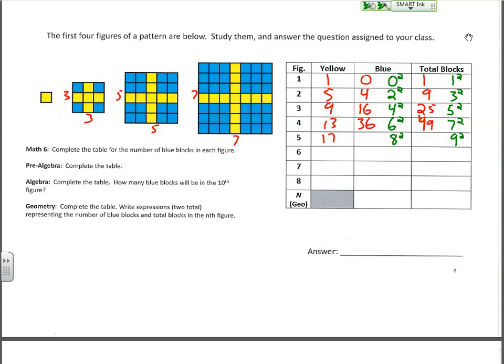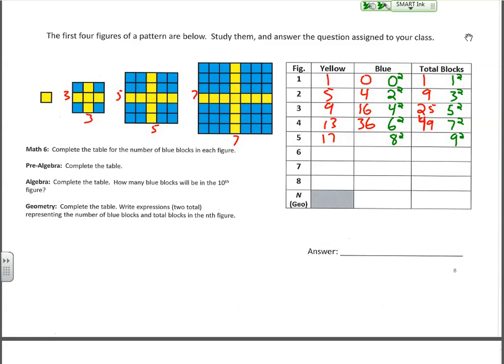But if you look across and down the table from blue blocks to total blocks, we see we start with 0 squared, then go to 1 squared, then 2 squared, then 3 squared, then 4 squared, then 5 squared, then 6, then 7, then 8, then 9. That pattern is going to continue throughout the rest of the table.